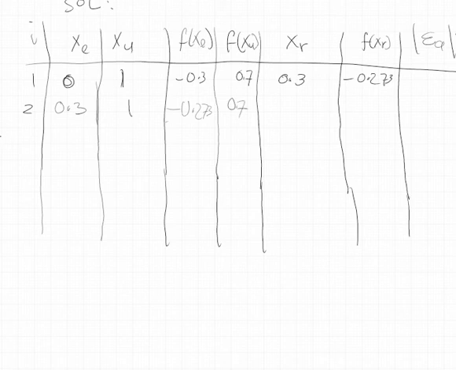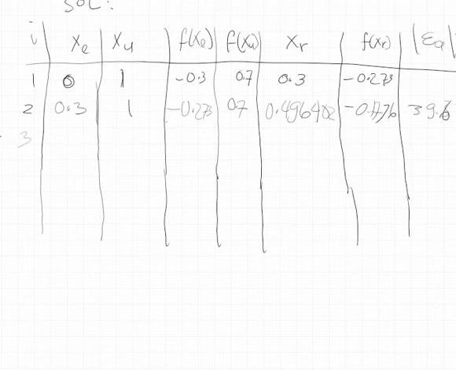Then we substitute again 0.3 to our formula. You will arrive with 0.496402. Then f of xr is negative 0.1776. And the approximate error will be around 39%, 39.5 or 39.6%.